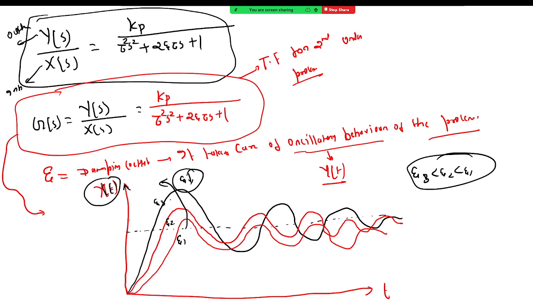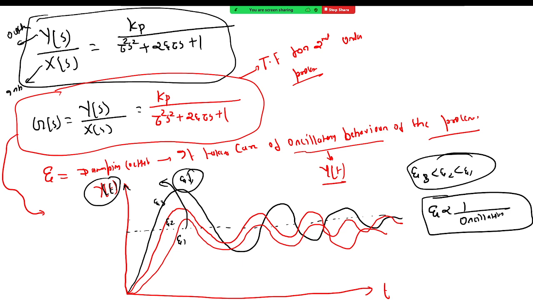Means if oscillation in the system is more, then zeta will be very less. So zeta is inversely proportional to oscillation. I'll discuss this later on. Zeta will tell you which system is having more oscillation and which is having less.